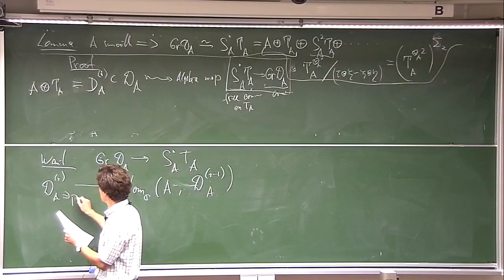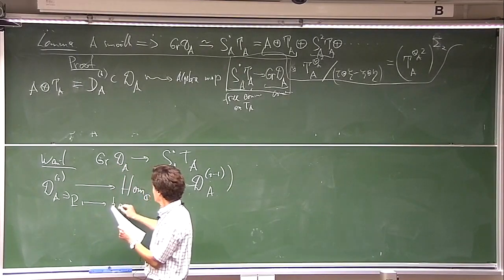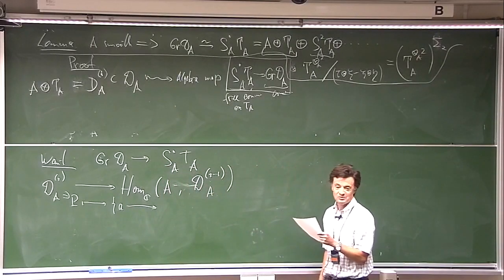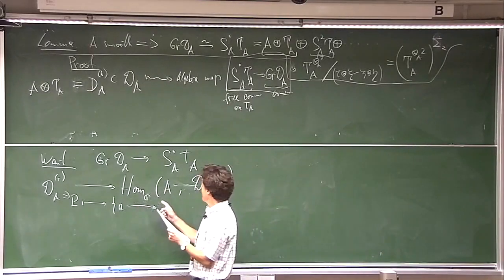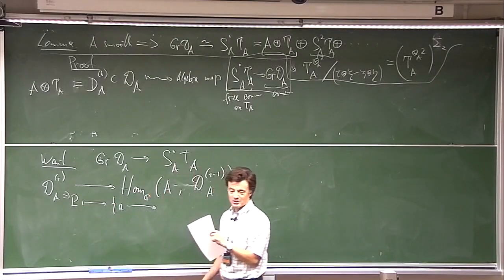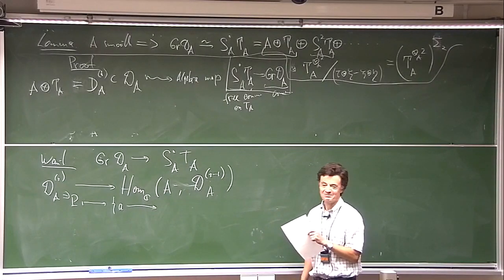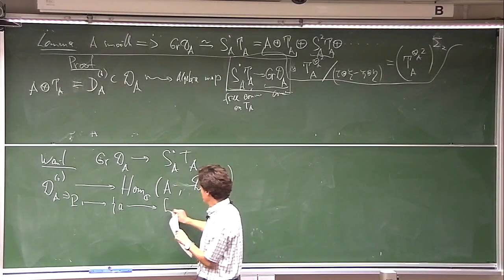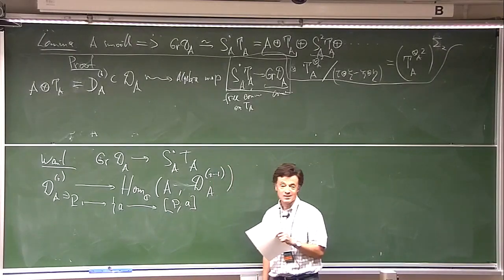If you pick an element P, then it goes to the map that sends A to, can you guess? Question to graduate students. Given P and A, how would you make an element of degree i minus 1, less than that by 1? All right. Everybody fails. So A goes to the bracket of P and A. That's the whole point.